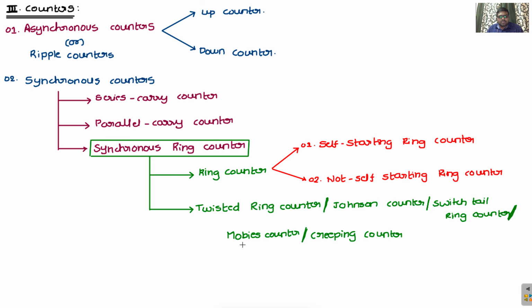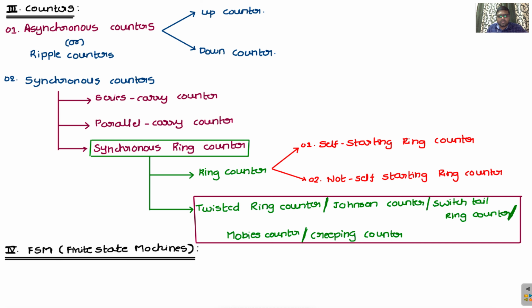Sorry, earlier I said three parts, but a fourth part is also there. That is finite state machines.